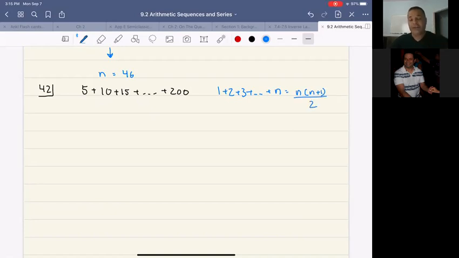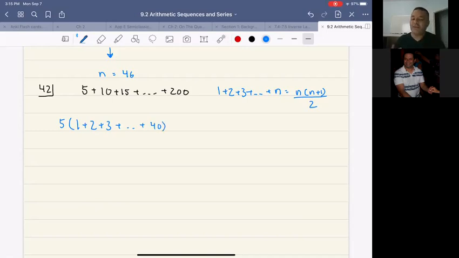Now we're going to factor out the common factor of 5. If we factor out a 5, we get 5 times 1 plus 2 plus 3 all the way up to 200 divided by 5, which is 40.